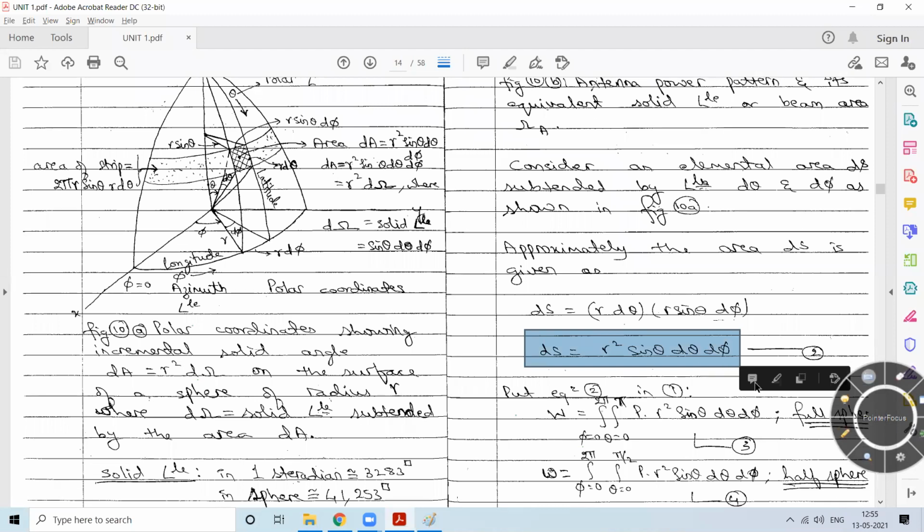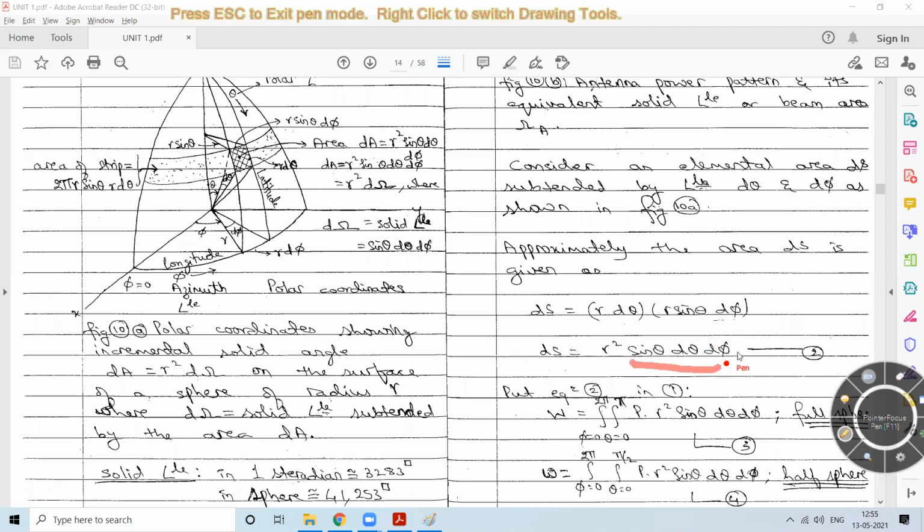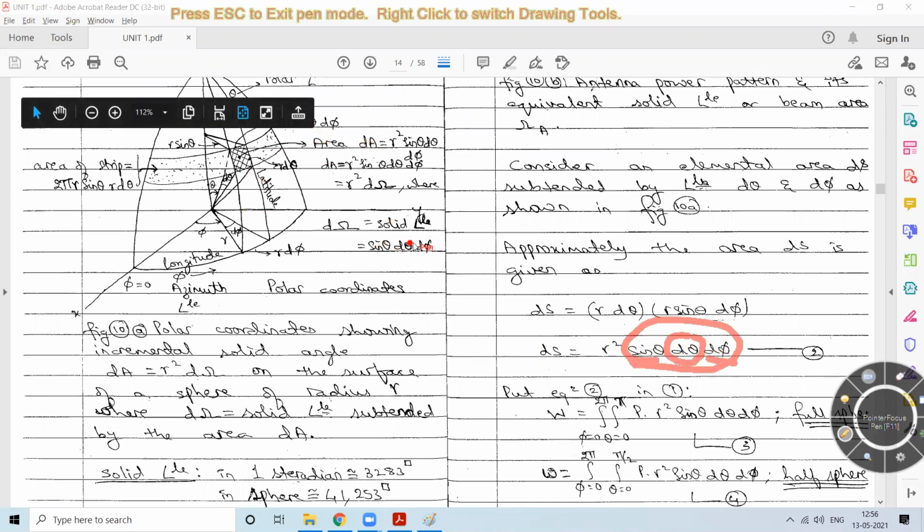If you just consider this element, this is nothing but the multiplication of two angles. One is sine theta d phi multiplied with the small delta angle. So here, if you just observe what you have.